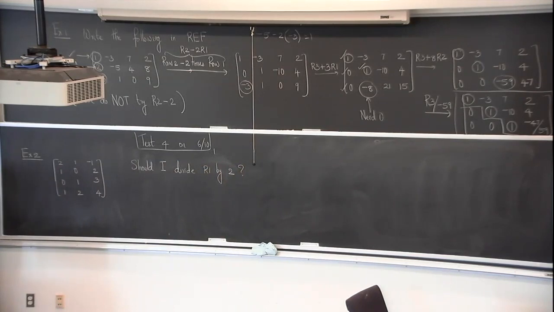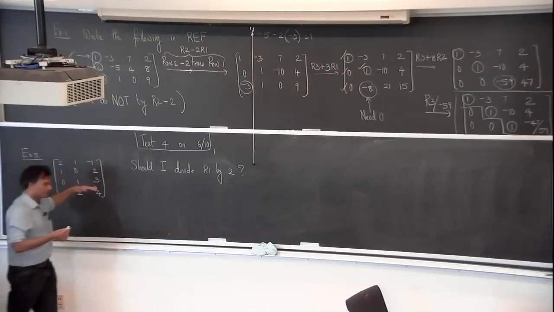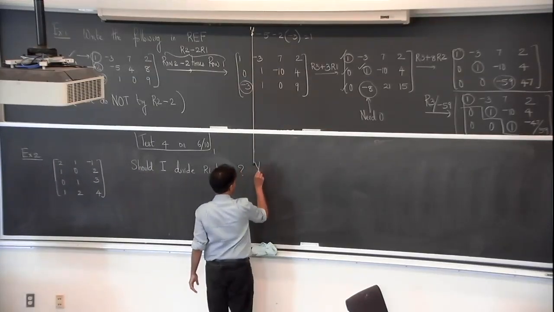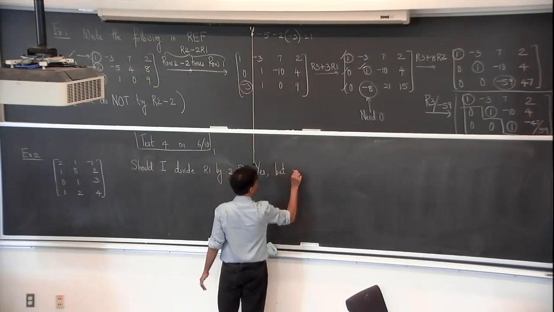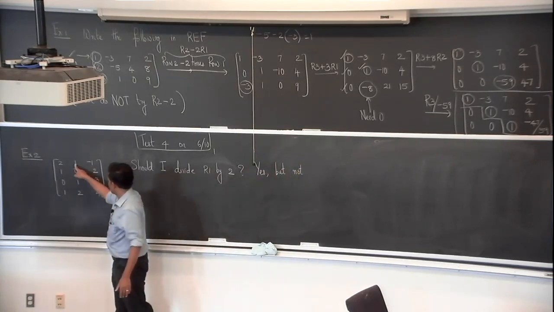Remember, you've got a million different possible ways of doing this problem. The answer should be pretty much the same, but the way you do it is up to you. My first question is, should I divide the first row by 2? You could, but I don't have to. So yes, but not my first choice, because that will give me some fractions here and here.